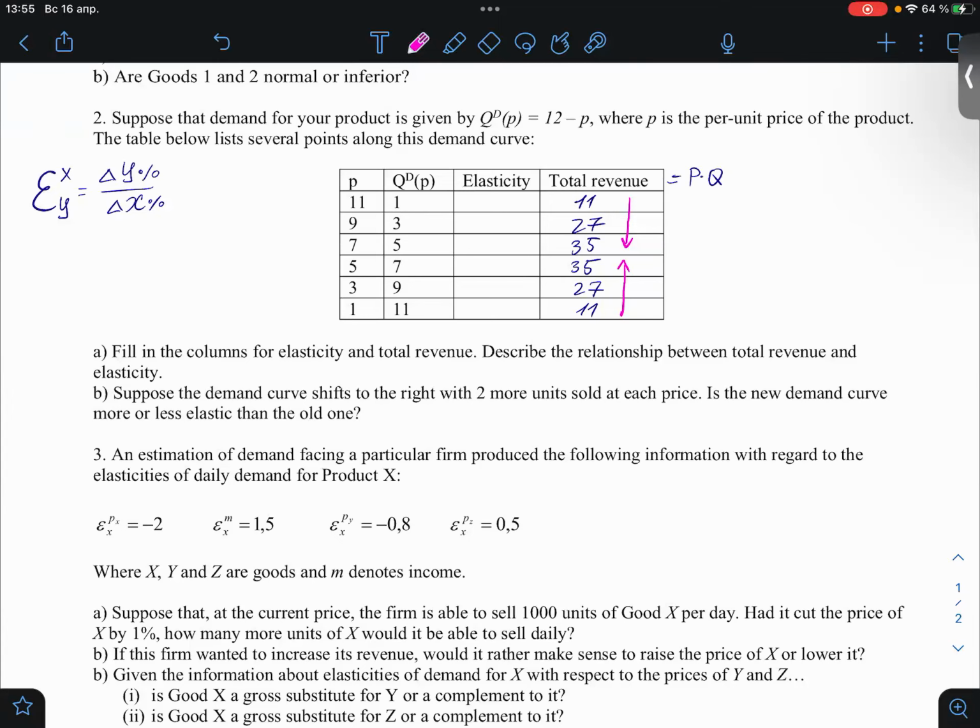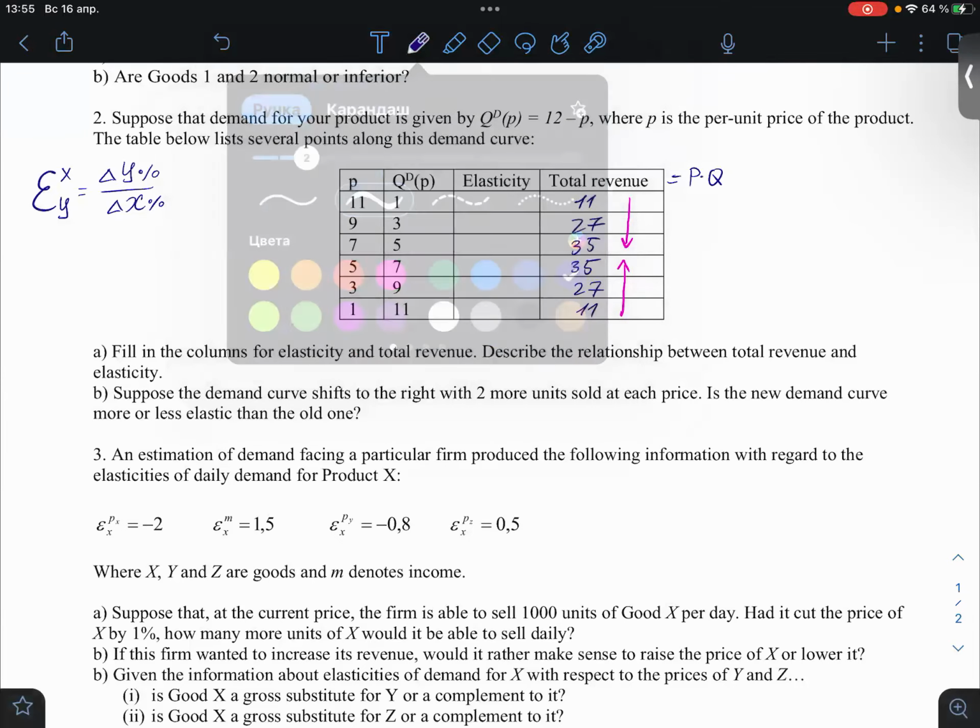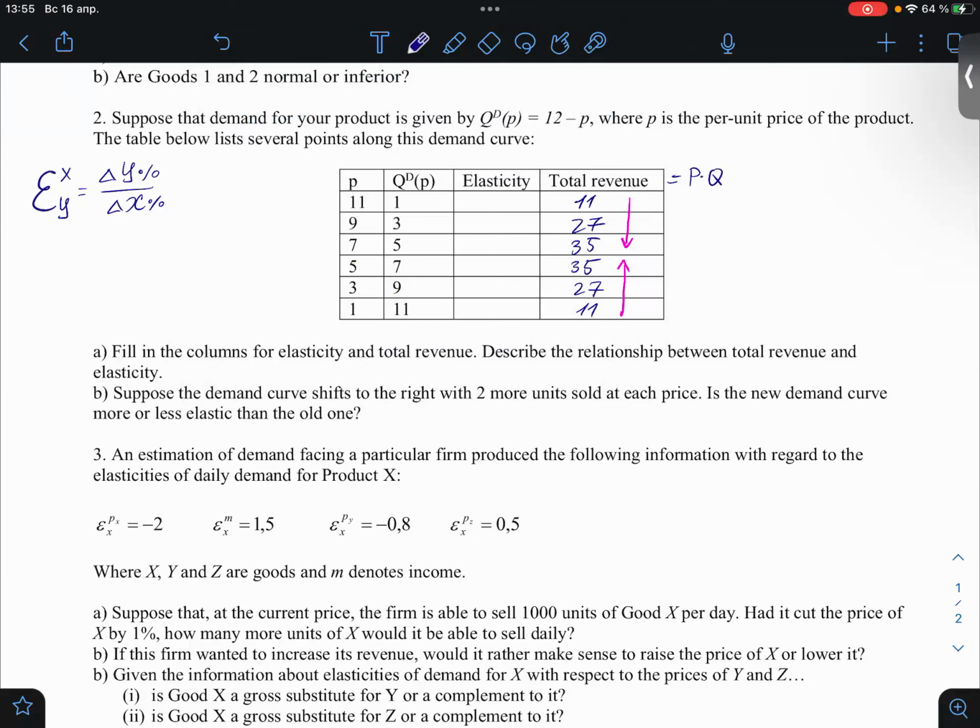So next we can count elasticity. We can write down elasticity of demand by price. This is how our consumers react to the change in price of the product.